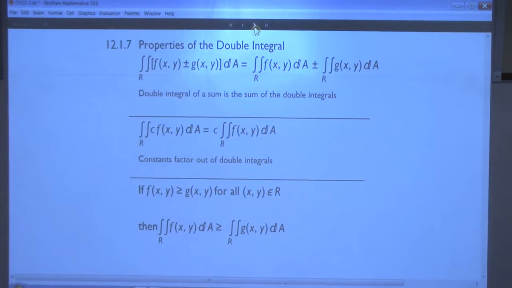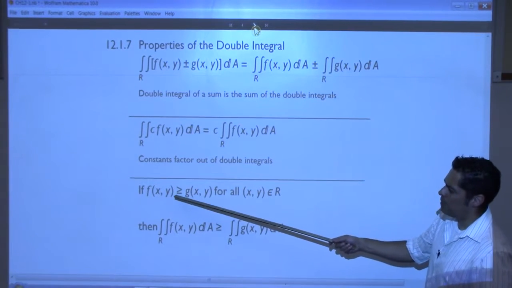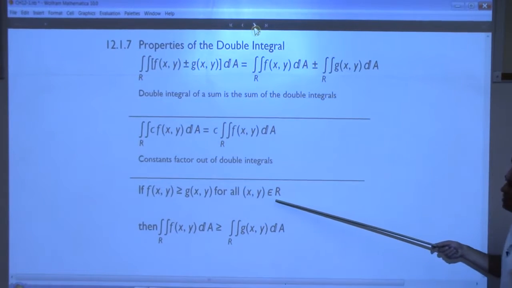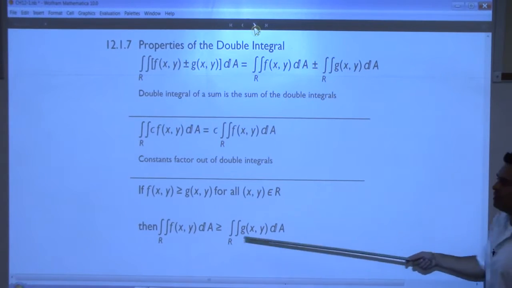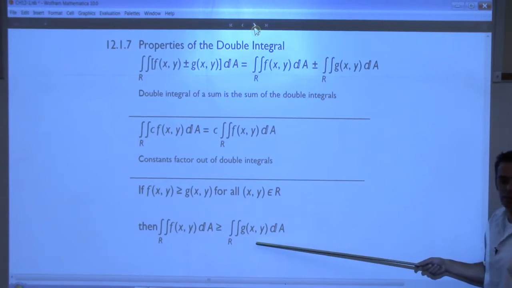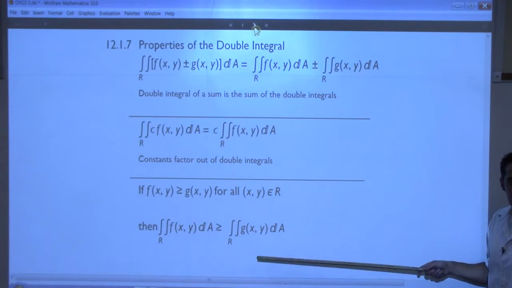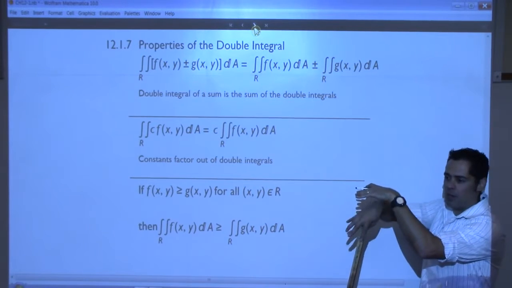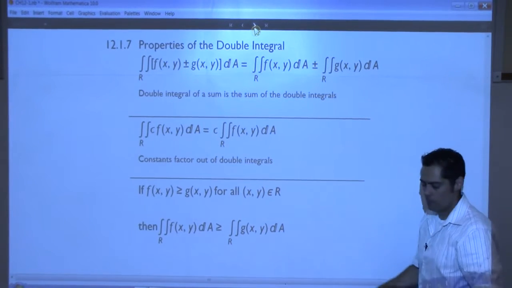That we did before. If you have a function that's bigger than or equal to another function for all x's and y's in the rectangular region, then the volume under this one should be greater or equal to the volume under this one. So that's just saying if I have a surface that's above another surface, then the volume under this one has to be bigger than or equal to the volume under this one.